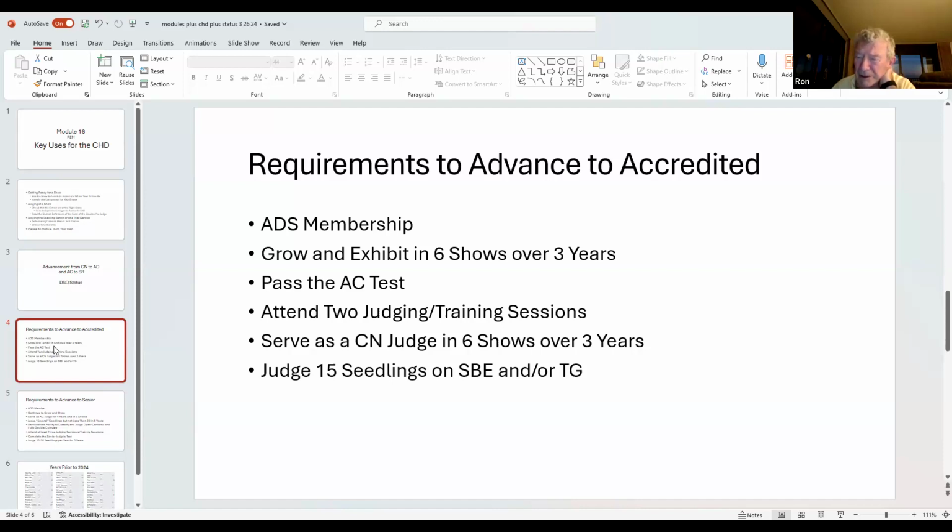Take the form, so that in a year you are able to say to Jerry, hey Jerry, look at all of the seedlings I judged, and I sure have met that requirement. We'll do some of it at the shows and at the Petites in the seminar, but you're not going to get to 15 unless you work at it. So that's probably the toughest of the items on the list.